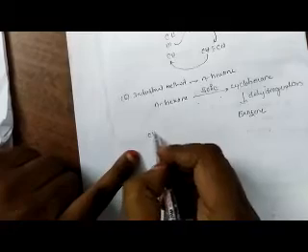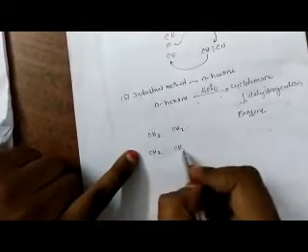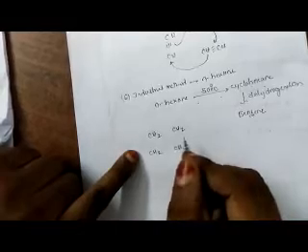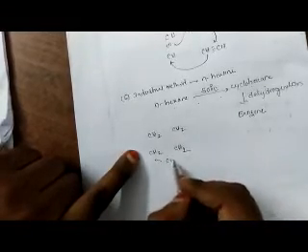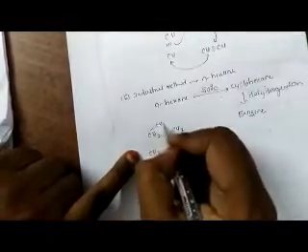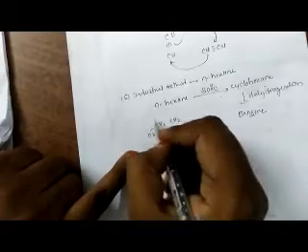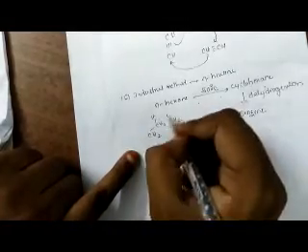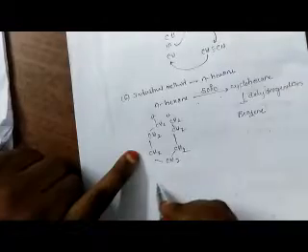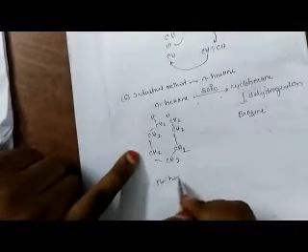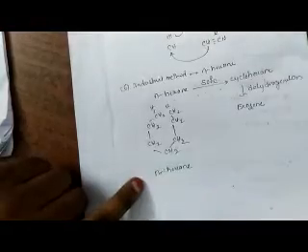The reaction is as follows: CH3, CH2, CH2, CH2, CH2, CH3. This is N-hexane.